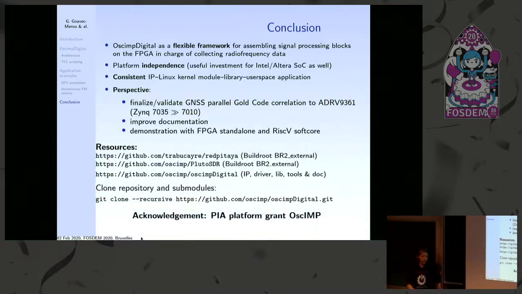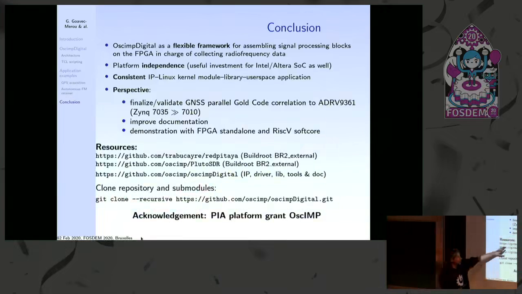And the final thing: currently RISC-V seems to be important as a competitor to ARM processors, so it may be interesting to try to demonstrate with a soft-core RISC-V instead of a hard-core ARM.